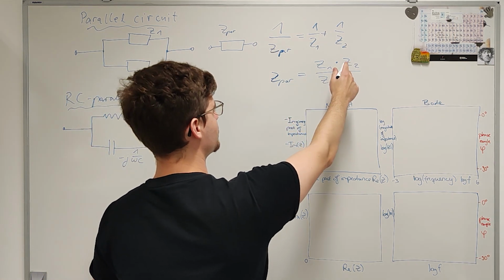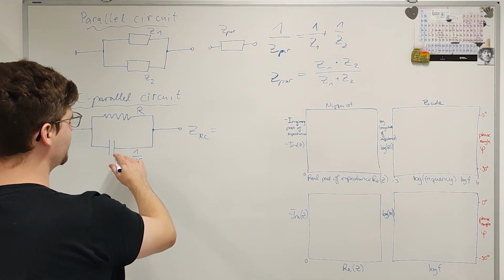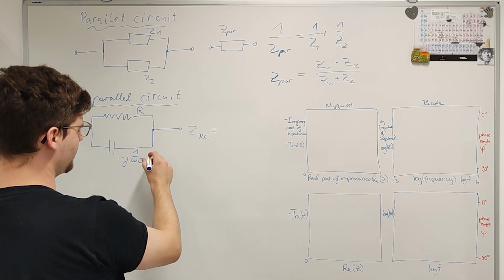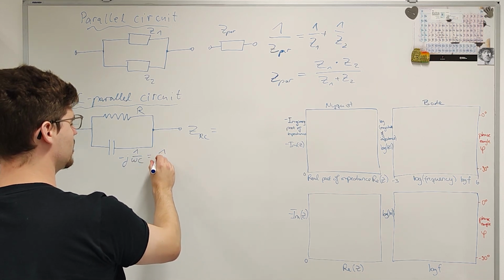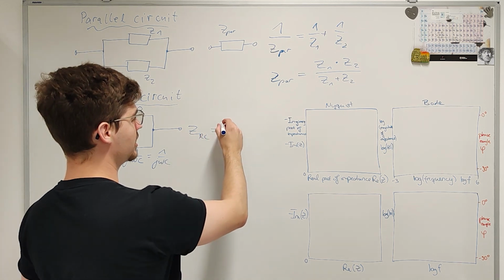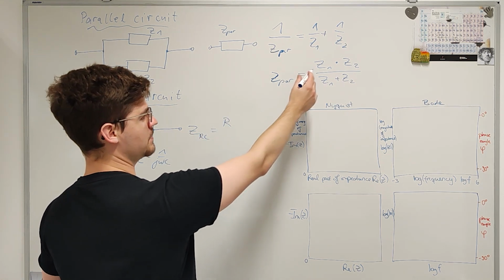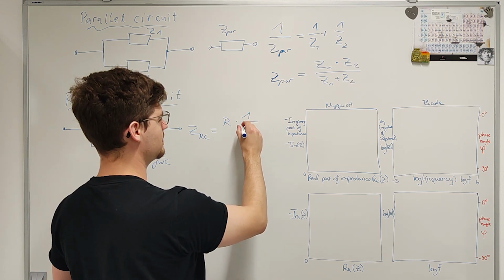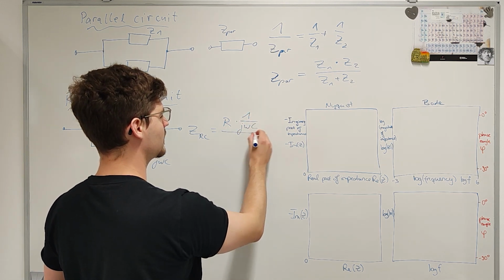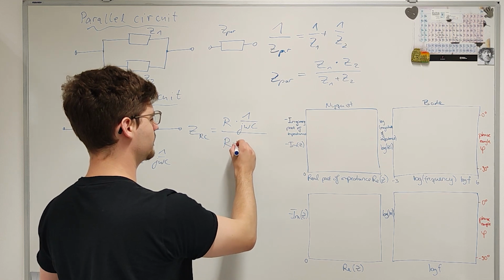So we multiply these two. And for this, it's actually more convenient for this moment to use the representation of 1 over j omega C. And we multiply them. The impedance of the resistor is Z1 times the impedance of the capacitor, which is 1 over j omega C, divided by the sum.